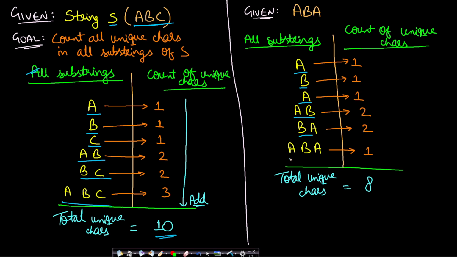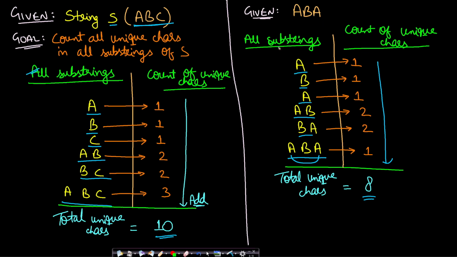Now for ABA, the first A and the last A are repeating, so they will not be counted, and we will only count B. So the count of unique characters in this substring is 1. So the total count will be the sum of all these counts, and it will be equal to 8. So our goal is to find the total unique characters in all possible substrings of a given string.